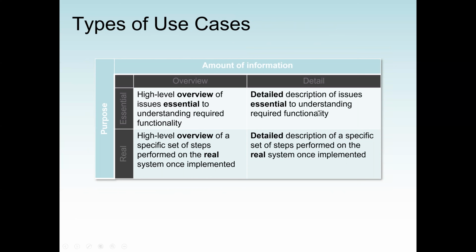Then we also have the detail section, which is a detailed description of issues essential to understanding the required functionality, which is detail and essential. And real and detail is a detailed description of a specific set of steps performed on the real system once implemented.